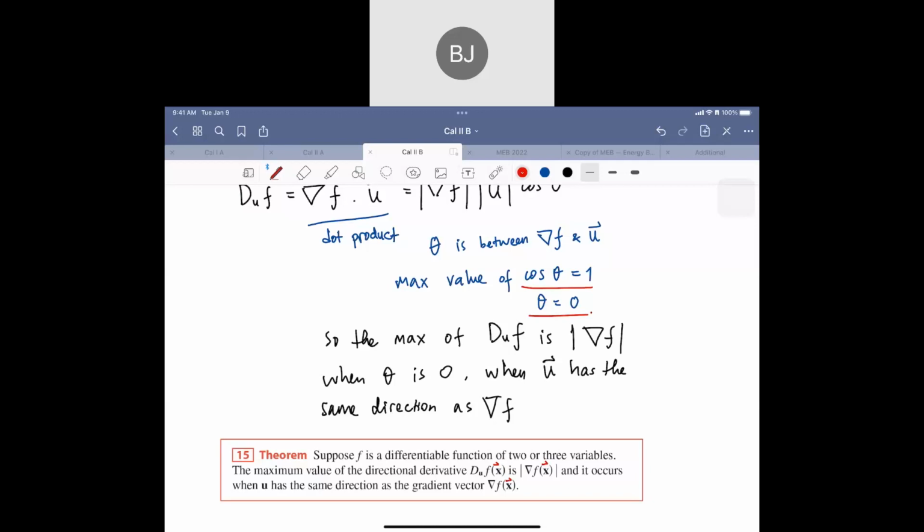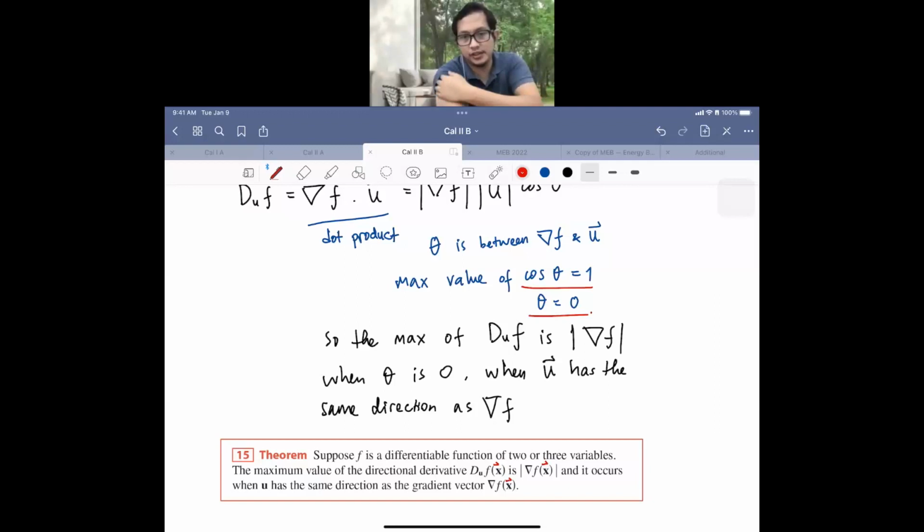So whenever you have a question that asks to maximize the directional derivative, you can just look at the gradient vector of f and assume that the cosine is 1. So you just evaluate the magnitude of the gradient vector.